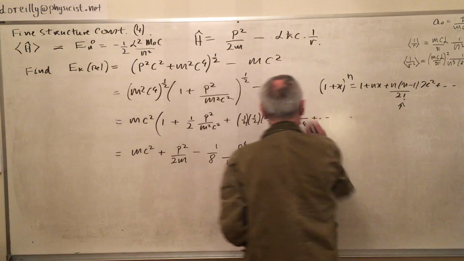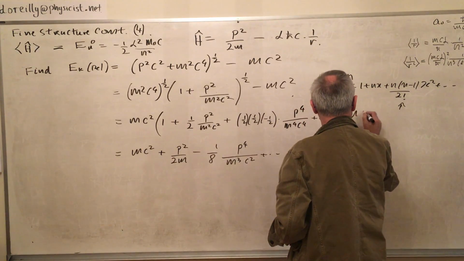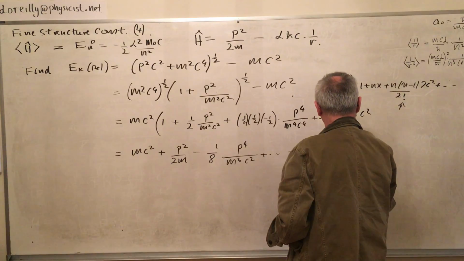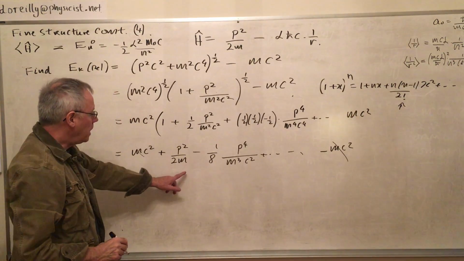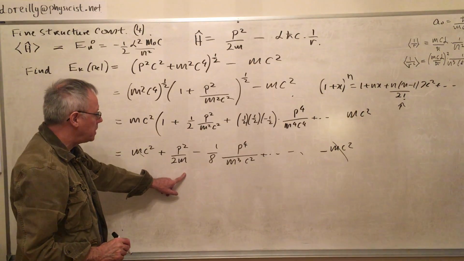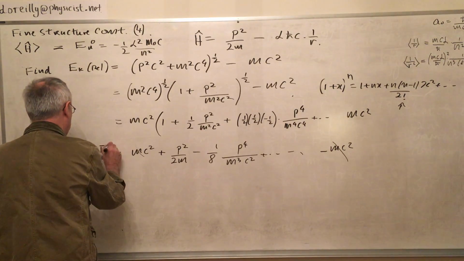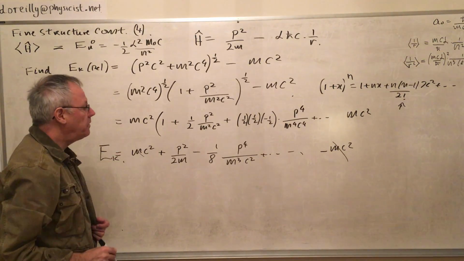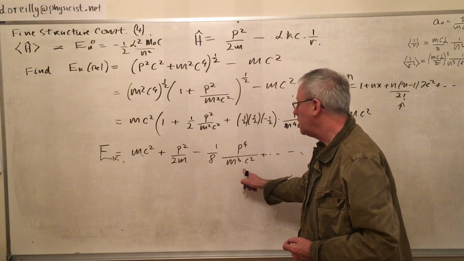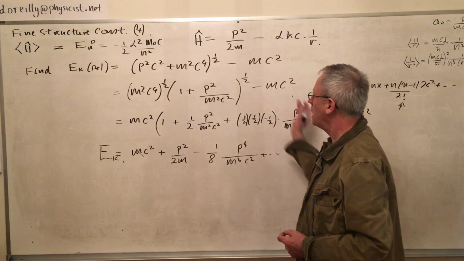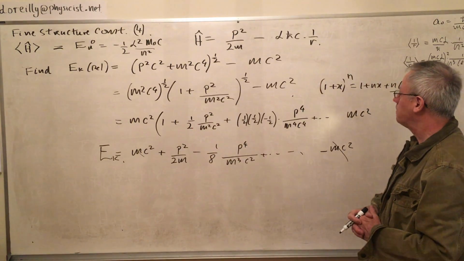Now we have to subtract the mc squared so that those terms cancel, and now we have our adjusted EK. So that's going to be the formula for kinetic energy that I'm going to use, and I'll find the contribution due to this. Alright, so I'm going to clear the board, let you get your heads around that.